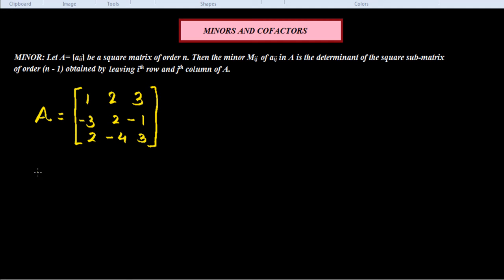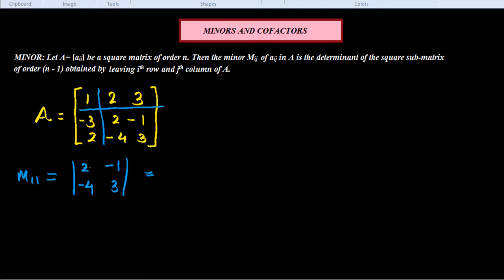So M11. Here a11 is 1, so we have to leave this row and this column. The remaining elements we write in the form of a determinant: |2 -1; -4 3|. Now we find the value of this determinant.